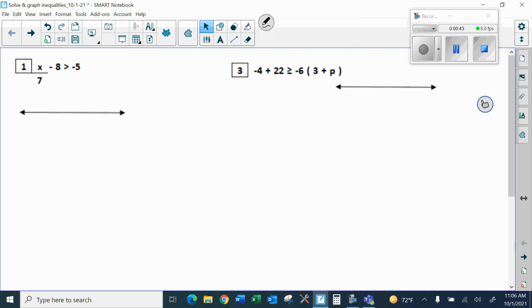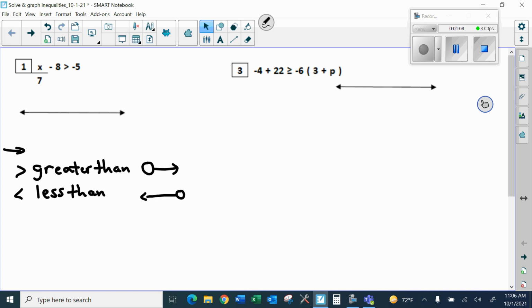So first off, inequality signs. Greater than, reading left to right, would be an open circle and then shaded to the right. Less than would be an open circle, shaded to the left.